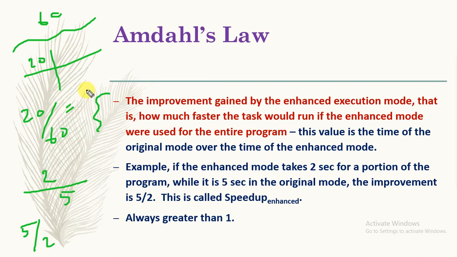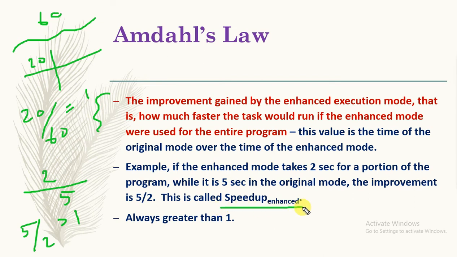We need to consider this when we take several problems. Now consider one more point: without enhancement the total time taken to complete the task was 5, for example, and after enhancement the time is reduced to 2. Then the improvement is 5 divided by 2, which is always greater than 1, and this is called the speedup enhanced.